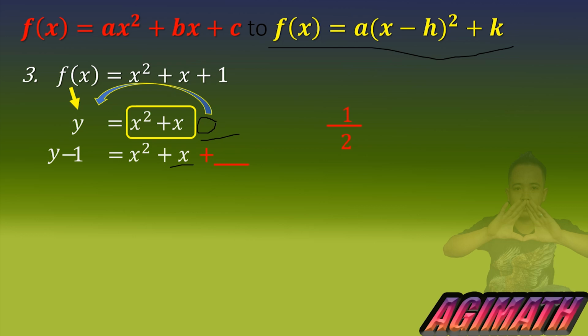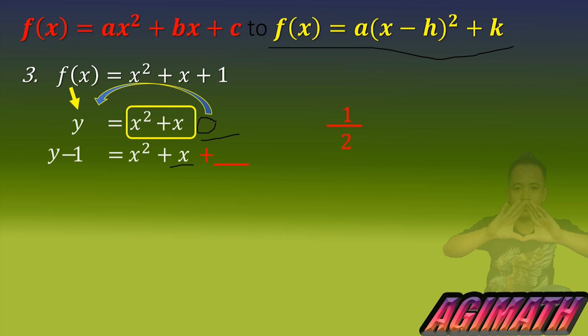So again, as a recall, we are going to get the numerical coefficient of x and then always divide it by 2. Now we are going to have 1 divided by 2. Just a tip: if the answer is not a whole number, a fraction, then leave it as a fraction so that we will not experience any difficulty. So we are going to have 1/2.